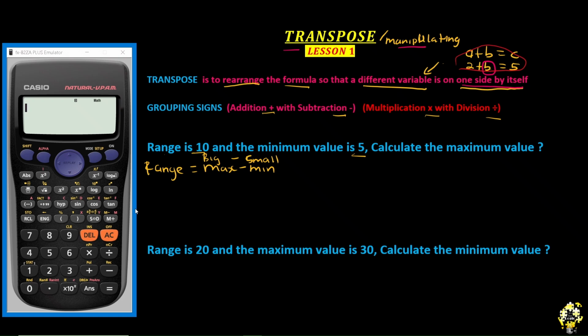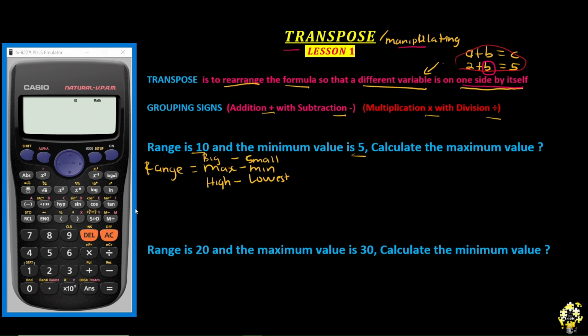It's the same thing. And someone would say, never heard about these two. What I've known thus far is that the highest value, and you subtract the lowest value. It's still the same thing, whether big minus small, max minus min, high minus low. So for the purpose of this example, we are simply going to use max and min.